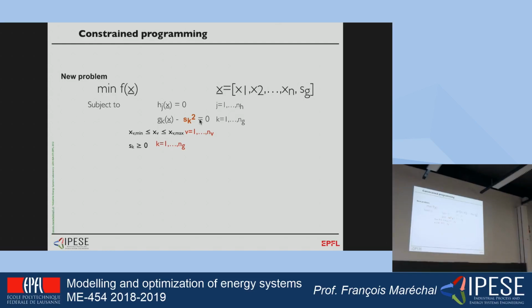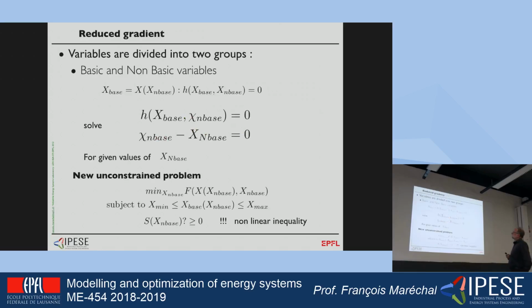So if I'm looking at the number of equations that I have here, the number of variables for which I would like to know the value, I can deduce from this amount the amount of equations that I have here, meaning that now I can divide the set of decision variables into two subsets.